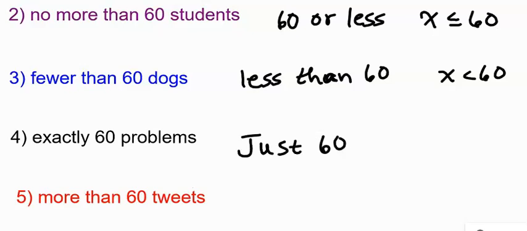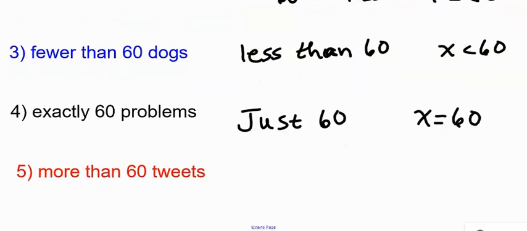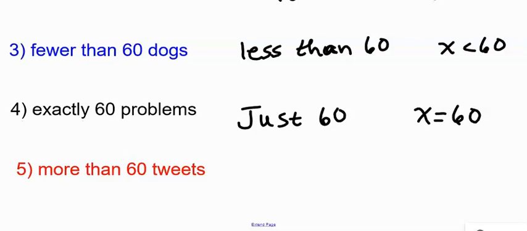It doesn't go above 60, doesn't go below 60. So x equals 60. The last one says more than 60 tweets. That means we actually have more than 60 tweets, which means that x is greater than 60.